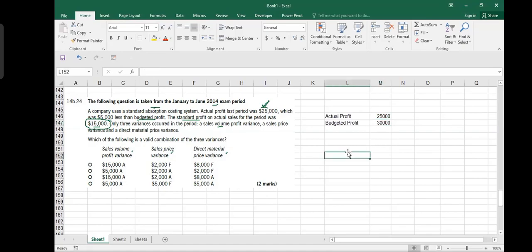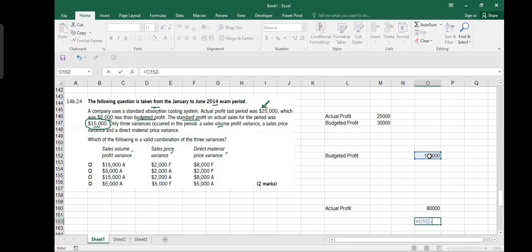How do you make an operating statement? You start with your budgeted profit. You say my budget profit is 100,000, and then you go down and down and you say that my actual profit is, I don't know, 80,000. So the difference between these two, 100 and 80, the difference between the actual and budget profit, it is because of these variances.